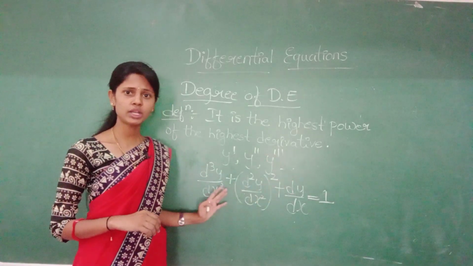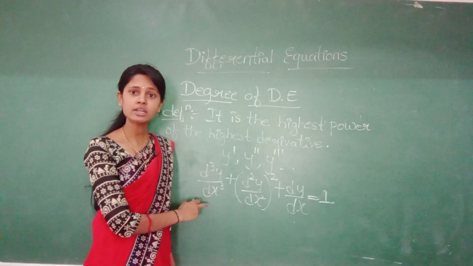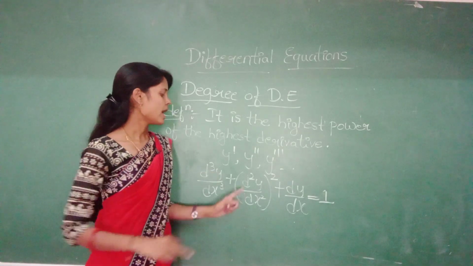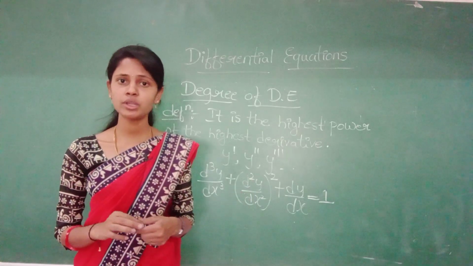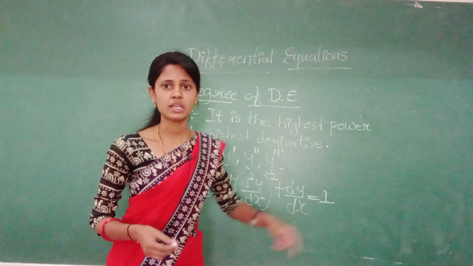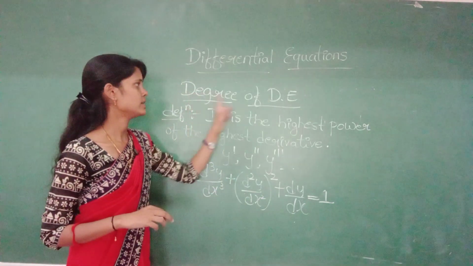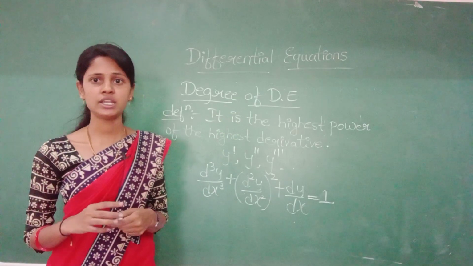So it is a polynomial equation, right? Why? Because d cube y by dx cube we can write as y triple dash, right? And d square y by dx square can be written as y double dash, and plus dy by dx is equal to 1.